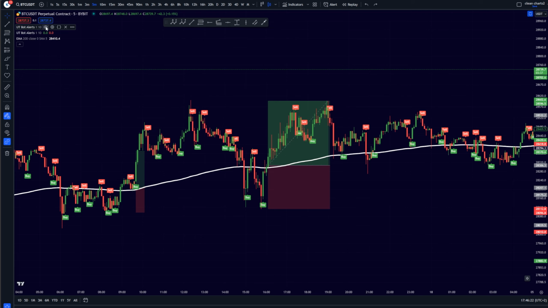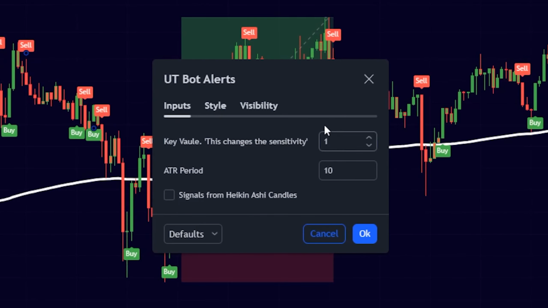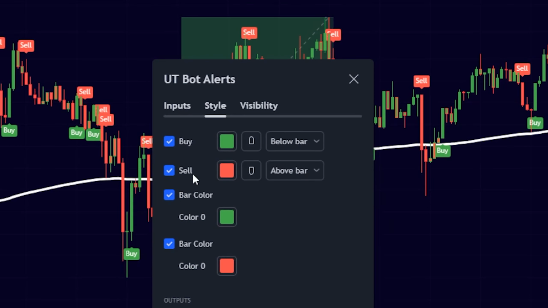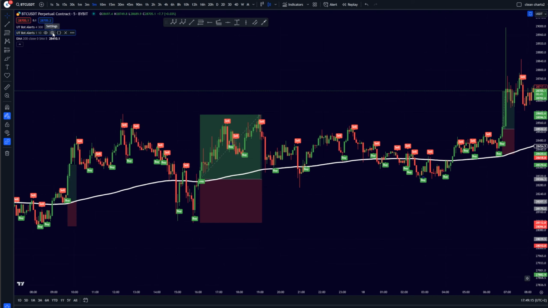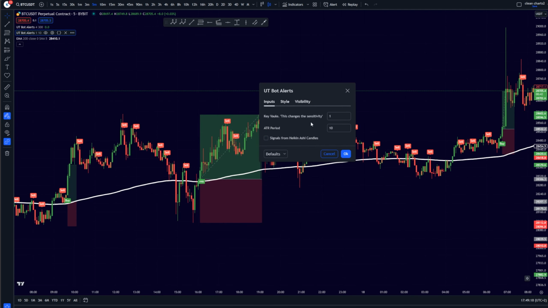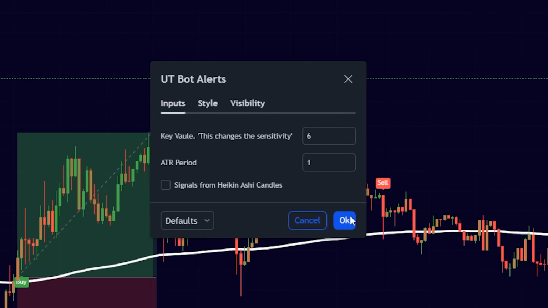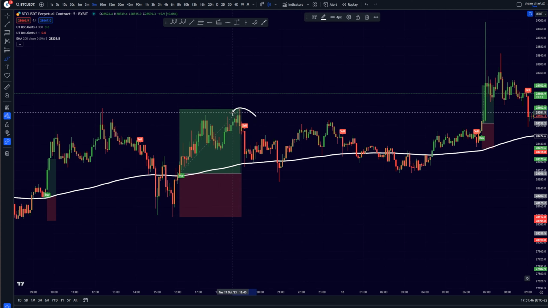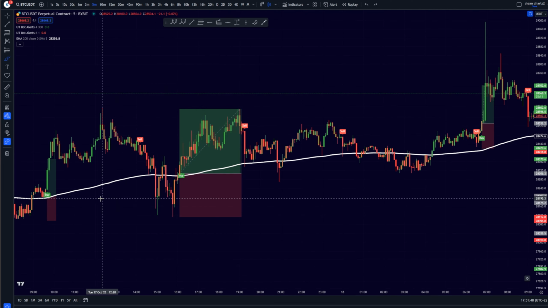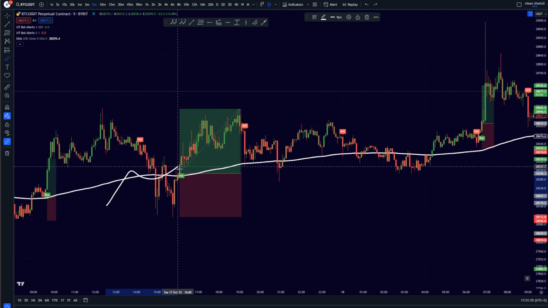So first of all, we need to change our buy signal. We can do that by changing up this one to 4 and this one to 300, and also disable the sell signals. And right after that, let's also change up the sell signals. So now we pretty much have our buy and sell signals and our trend is indicated by this moving average.